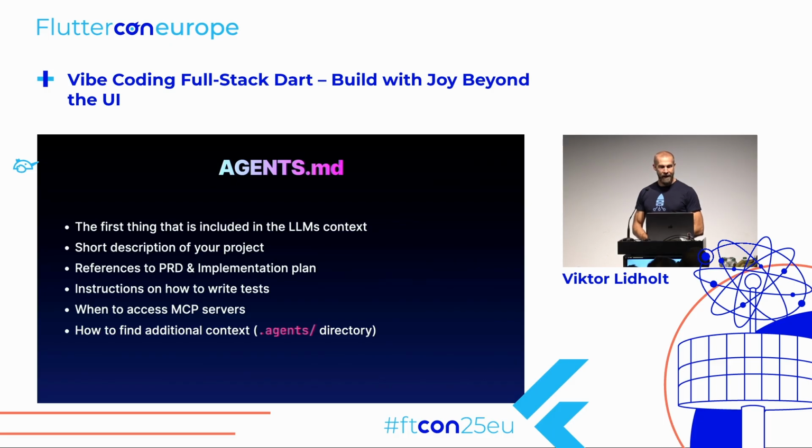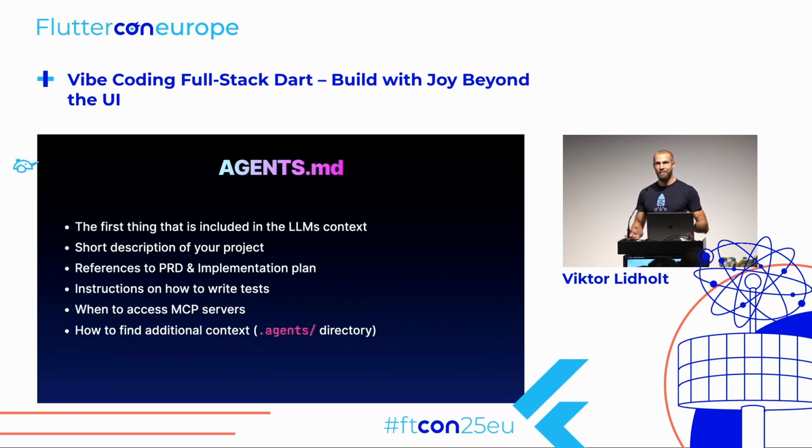And typically, what I found works really well is having a short description of your project. Then you have references to the PRD and to the implementation plan, so the LLM always knows where to look for that. And then having some instructions for how to write tests is also super helpful.